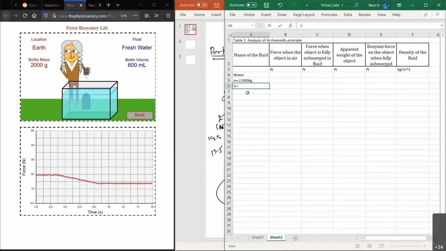Now, the unit conversion, I will write it down here. Each milliliter is actually 1 cubic centimeter. If I convert milliliters into cubic meters, this is the conversion.